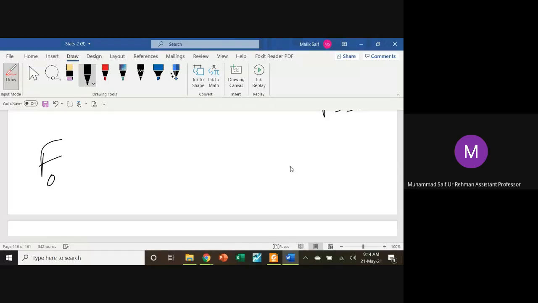The level of significance in this case is 0.05, given, and you have to write down the degrees of freedom. What will be the degrees of freedom in this case? For that, you have to see how many treatments there are.